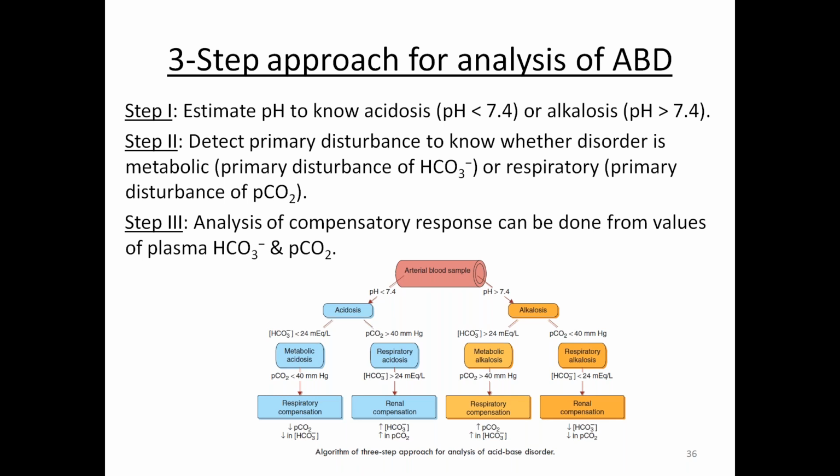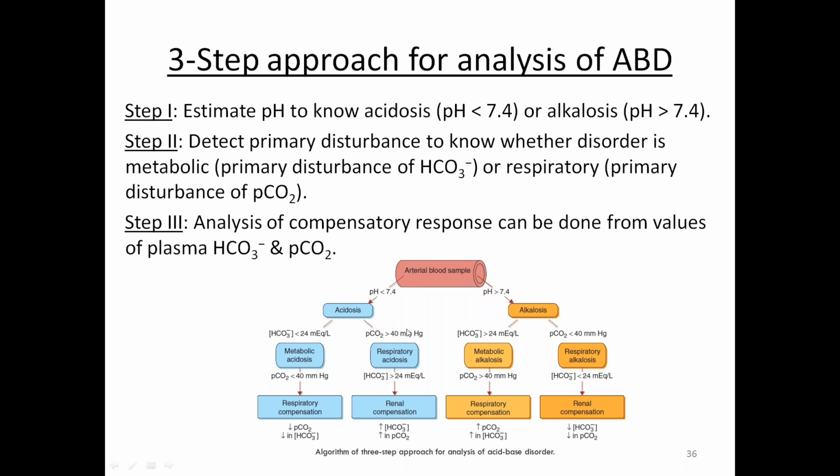Now next example. If I give you a pH of 7.2, so by now you would know, okay, yes, we are talking about acidosis. Now if I give you a value of bicarbonate 20 and a PCO2 of 66.